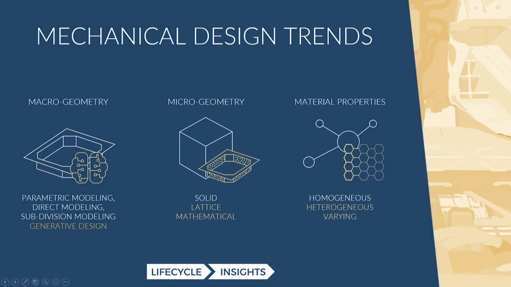Okay, so far we have covered macro geometry modeling, micro geometry modeling, and material properties. Let's talk about the implications of all these new advances and what it means for the future of mechanical design. These three new capabilities that we talked about really can have a drastic effect on mechanical design.